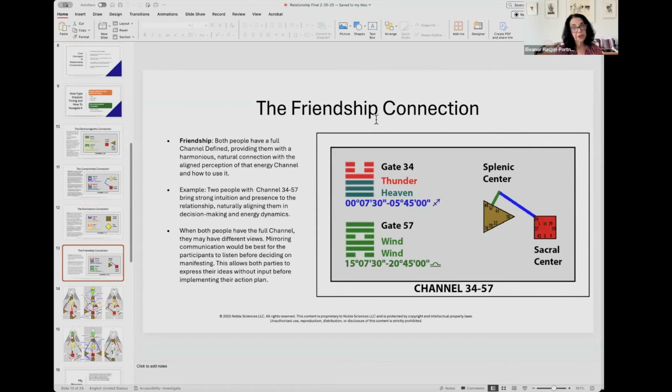Now we have the friendship channel, connection. In the friendship connection, both people have both gates, the whole channel. And it provides them with a sense of harmony and connection. Hopefully, their perception is aligned. They are in sync. And here's where we come into the issue of values.